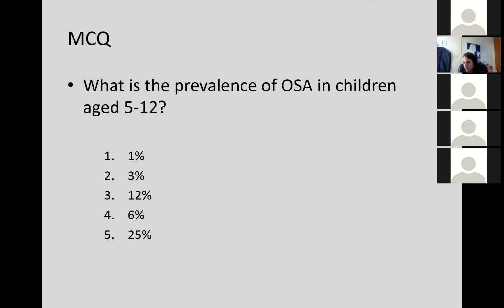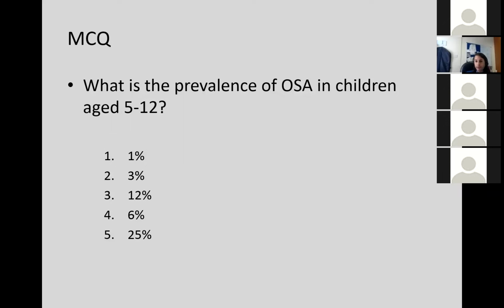Okay, so I think most of the votes are in. So most people have said 3%. So it's not 3% actually. The correct answers are, there's more than one, 1% and 25%. And it depends on how you are defining obstructive sleep apnea. So some centers, and I don't actually agree with this, define obstructive sleep apnea as if you have an AHI, the apnea hypopnea index, of more than 1 episode an hour.